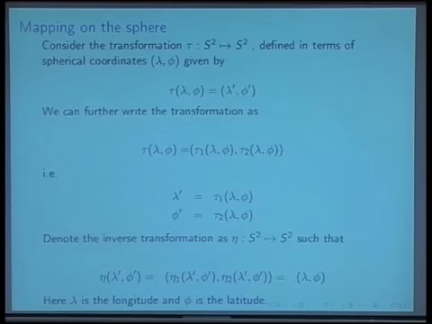So, for the sake of convenience, the transformation can be split into two parts, tau 1 and tau 2. Tau 1 gives lambda prime and tau 2 gives phi prime, that is lambda prime equals tau 1 and phi prime equals tau 2. The inverse transformation is denoted by eta. Eta takes the primed coordinates to the original latitude-longitude coordinates.